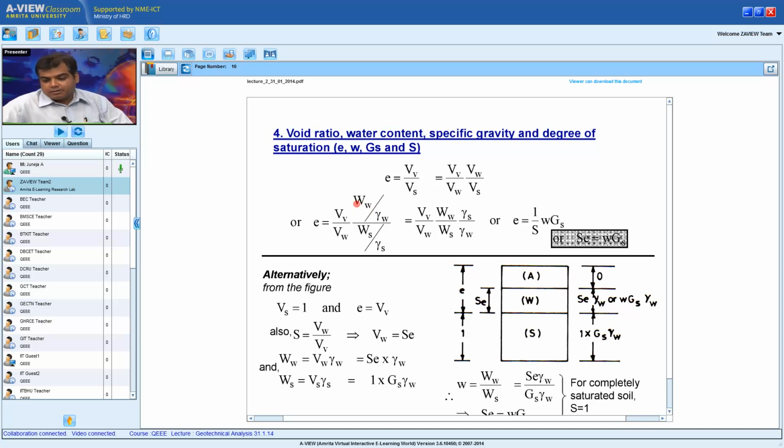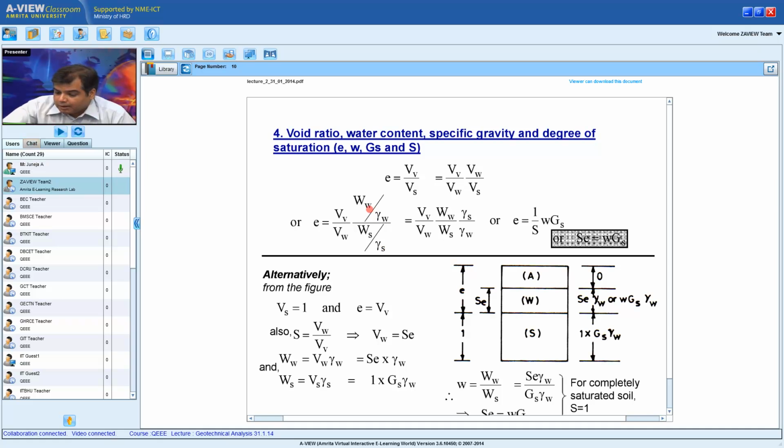Similarly, volume should be mass over density, so volume of solids equals weight of solids over the unit weight of solids.